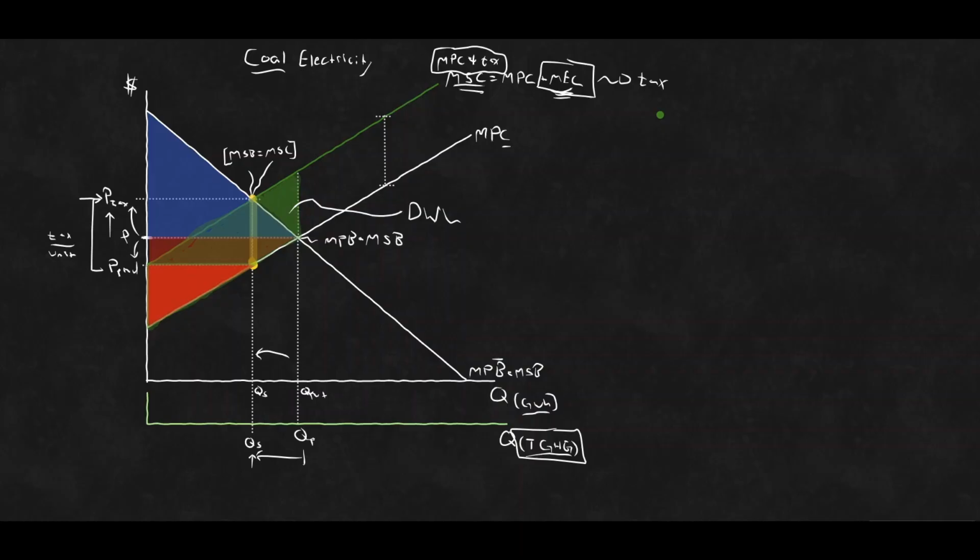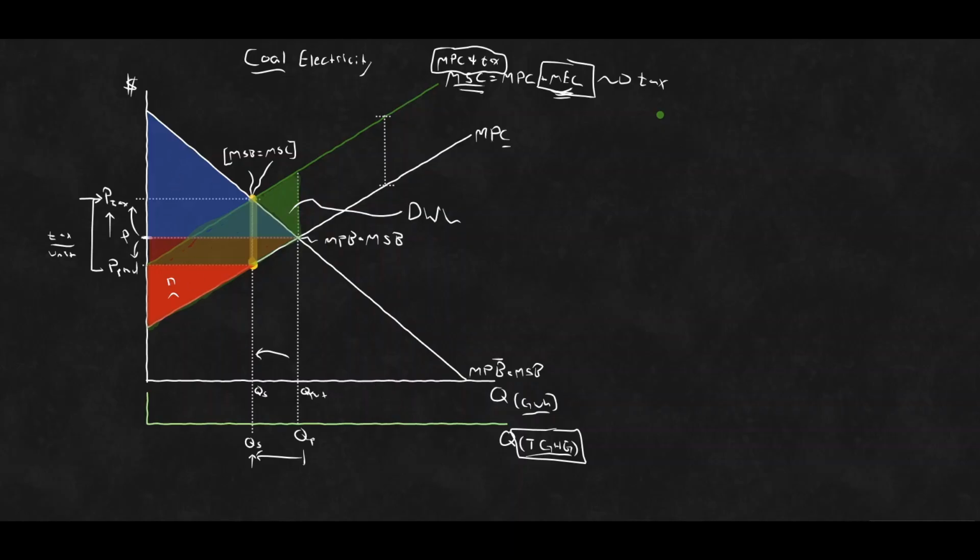What I want you to see, they are clearly getting less surplus than they were before. So producers are not going to be happy with this. They are upset with this carbon tax because they feel like they're worse off. Well, not only do they feel like they're worse off, they are worse off. Their surplus has shrunk because of this tax.